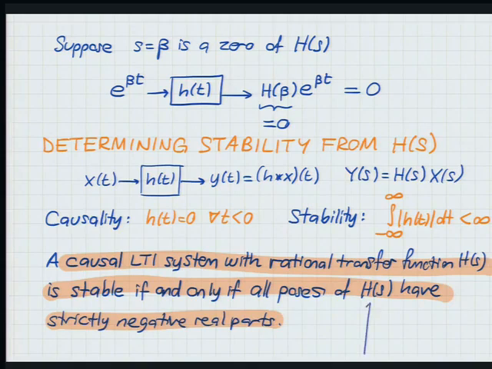So if this is the imaginary axis, this is the real line, you will be stable if all of the poles are to the left of the imaginary axis. If you have anything to the right, doesn't matter where all the others were, you're unstable. This is not a stable system.